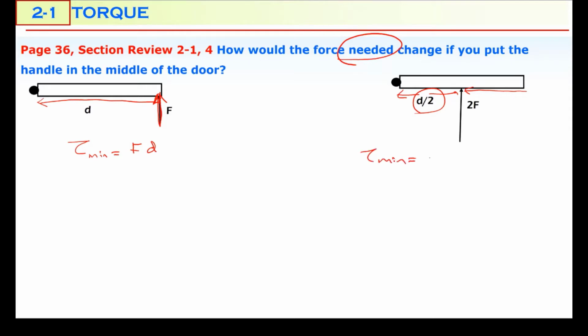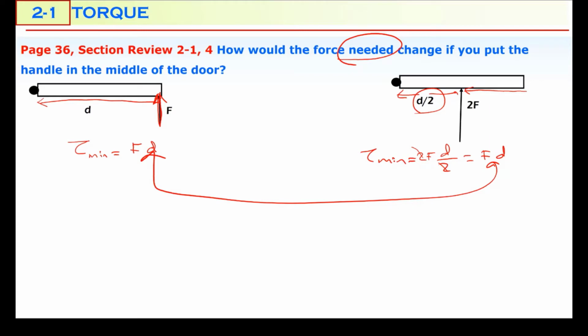You make the distance half value, D over 2. If you decrease distance by half, you should increase the force by 2. So then these 2's will simplify. You will get again F times D. As you see, these two values must be equal because you need the same amount of torque to rotate the same object.